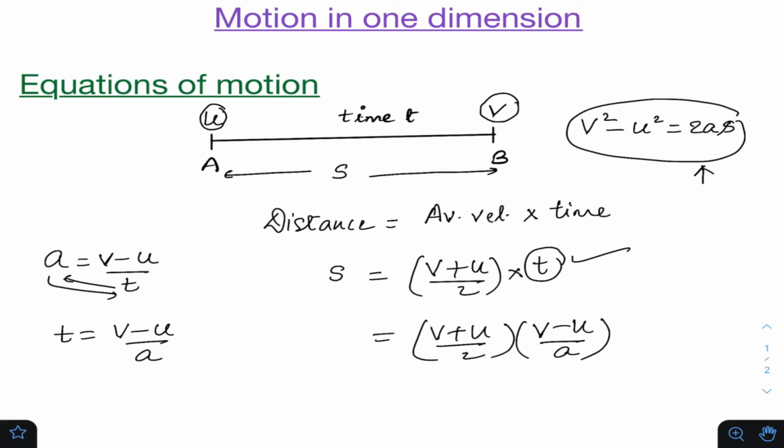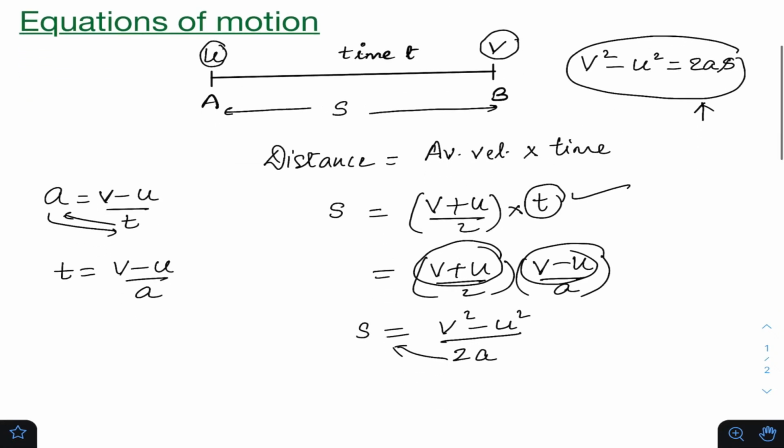Now this is a formula, a plus b and a minus b: a square minus b square, upon 2a, s. Now take 2a to the other side. v square minus u square equals 2as.